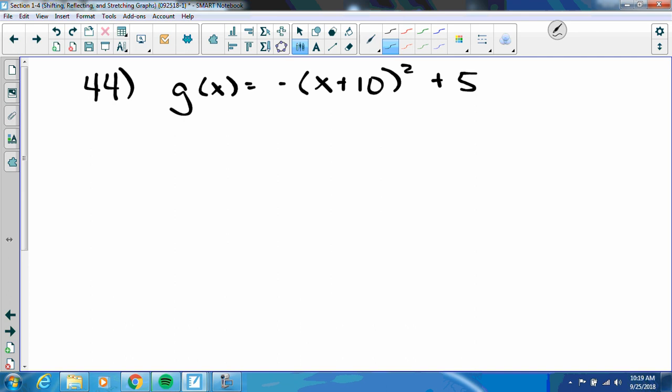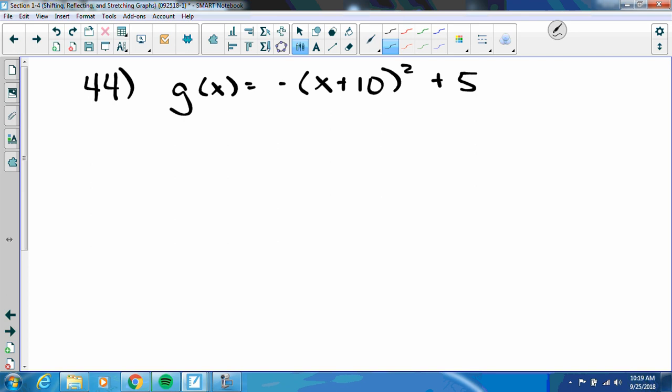And it says in the book, in exercises 43 through 56, g is related to one of the 6 parent functions on page 42, right? The constant function, the linear function, the square function, the cubic function, the absolute value function, and the square root function. Those are our 6 parent functions, okay? Identify the parent function f.